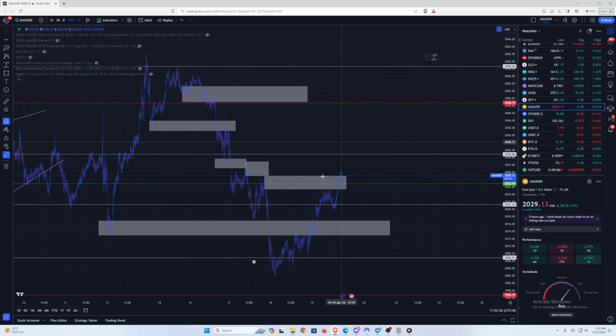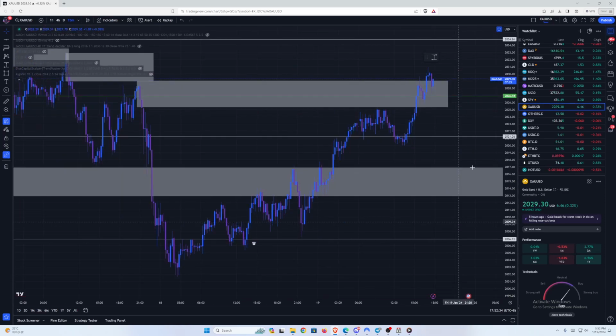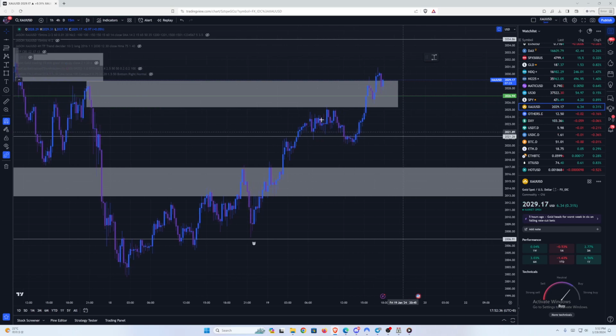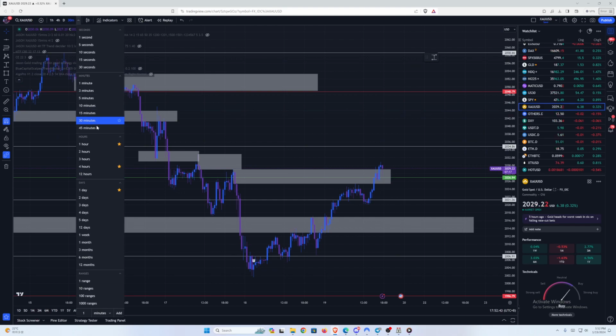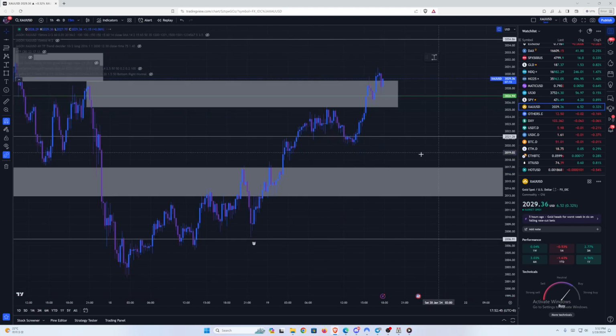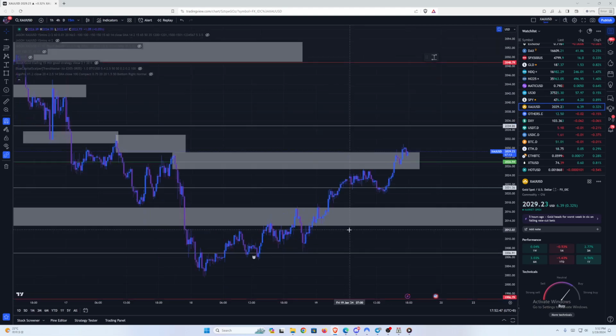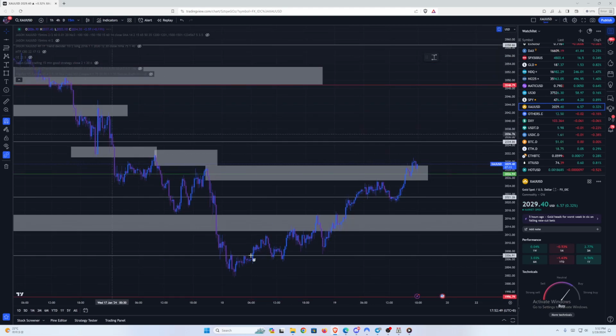Okay, so supply and demand, support and resistance are all drawn already. I'm not getting into how to draw it right now. But right now, I'm going to tell you how to go further from it.